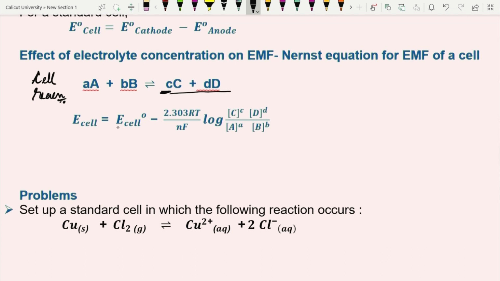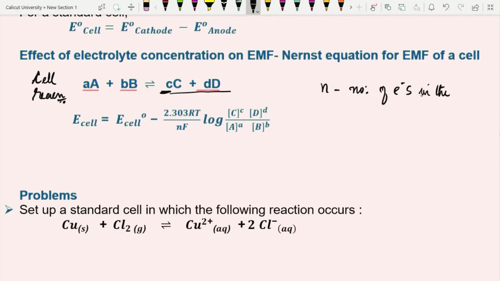Here this is the standard electrode potential of the cell, which we can calculate. n is the number of electrons in the cell reaction. And these are the molar concentrations raised to the power of the number of moles.